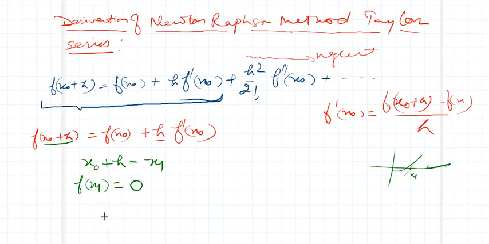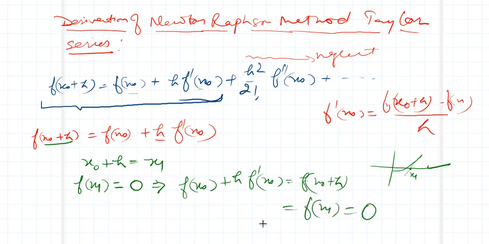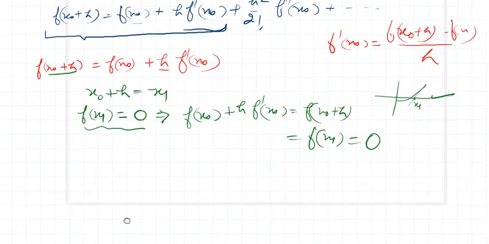ठीक है, तो मेरे पास यहां से क्या आ जाएगा? It will be equal to f of x naught plus h f prime x naught is equal to f of x naught plus h, and I called it as f of x1, and this is equal to 0 यहां से. ठीक है, so if I use this point, तो मेरे पास यहां से h आ जाएगा.